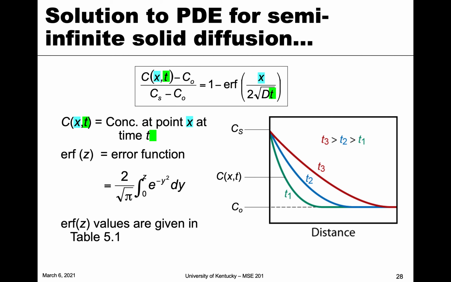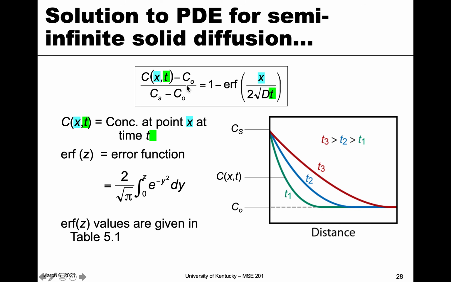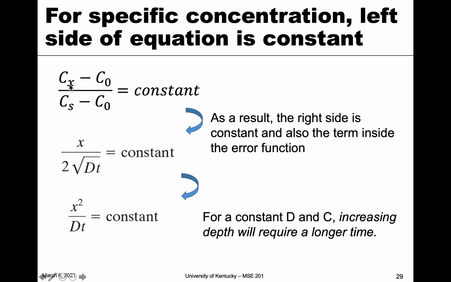All right, so just a couple more notes about this expression. When we have a specific concentration, so going back to this equation here, if we're looking at a specific concentration, C(x,t), and we just call it Cx here. So if this is all constant, then the right side of that equation is also going to be a constant. And so then the inside of that, x over 2 square root of Dt, is also a constant.